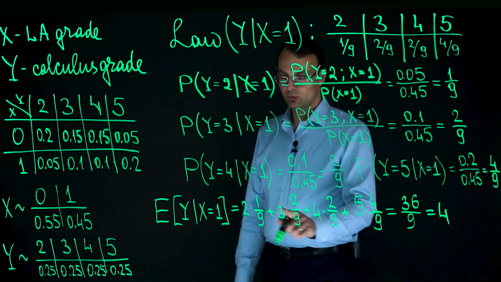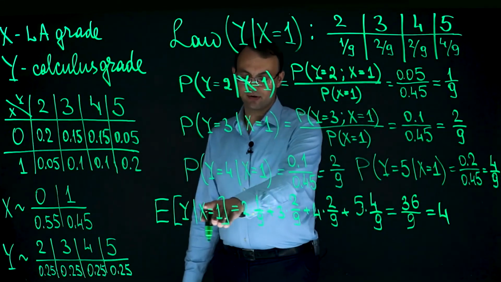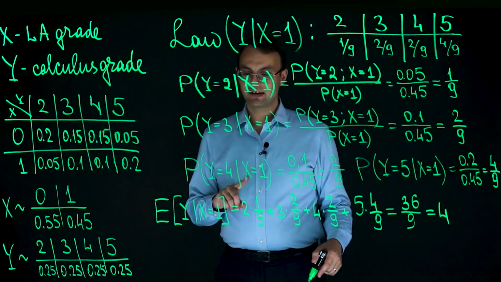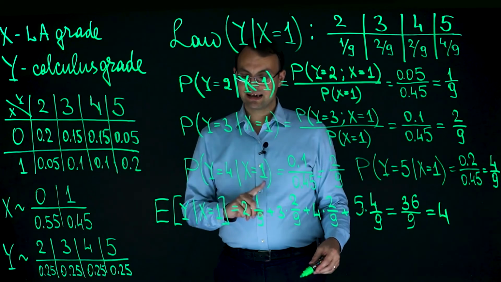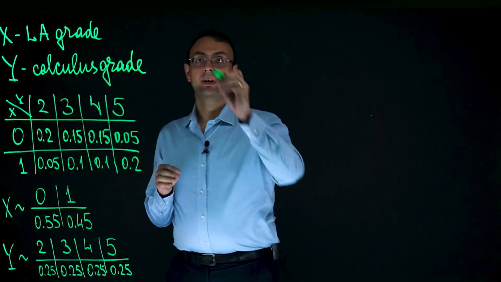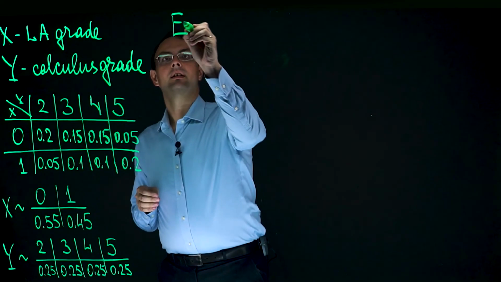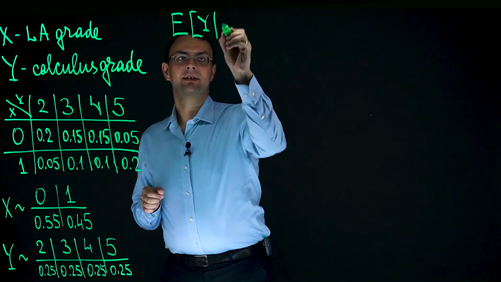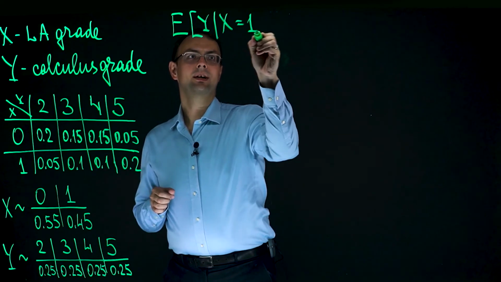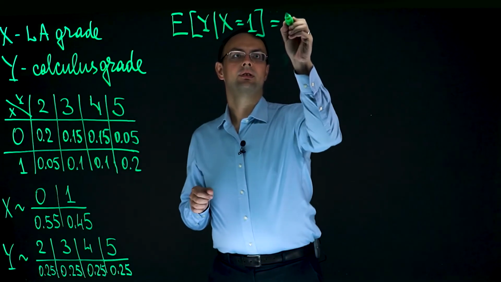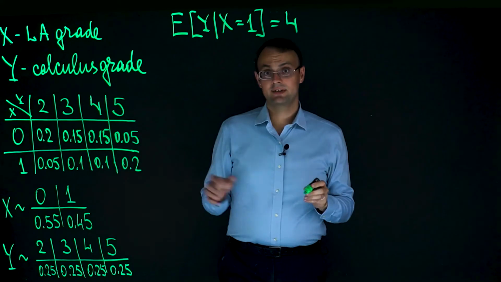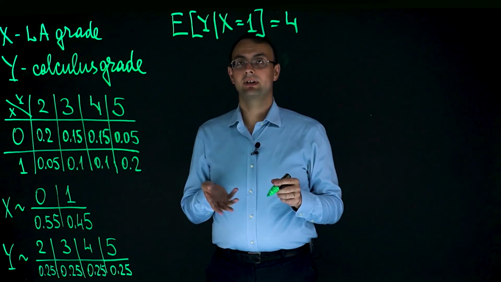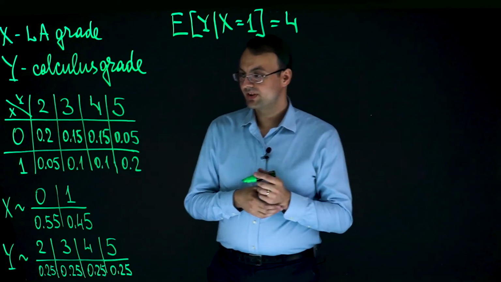We have already got the expected value of y given x is 1, which is 4. Now let's find the expected value of y given x is 0 with the same algorithm.